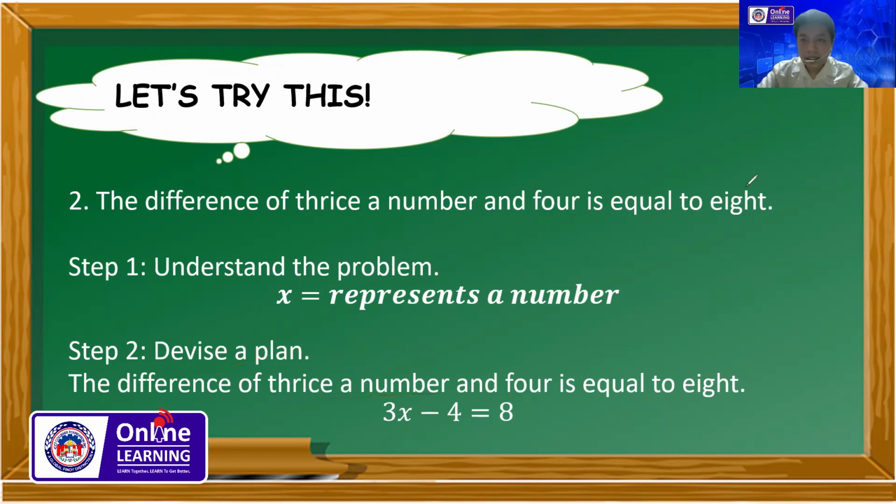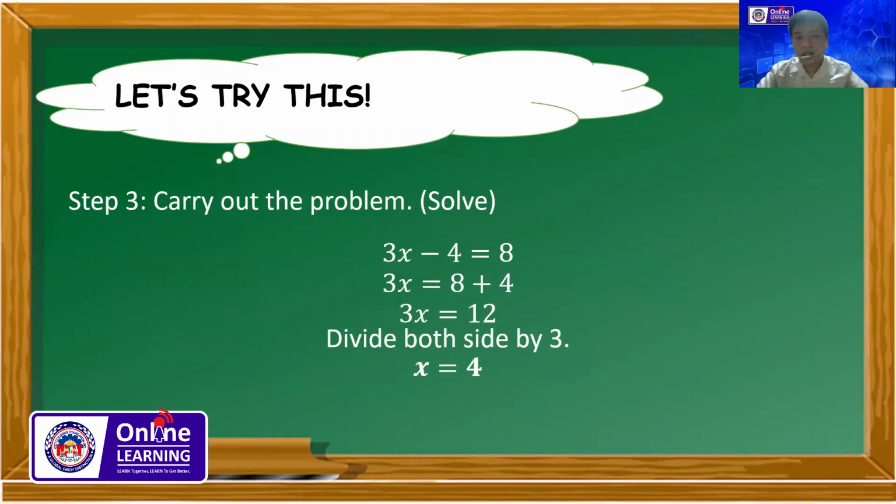Okay, then after that, let us proceed to step number 3. Step number 3, carry out the problem or just simply solve it. So for us to come up with the final answer, 3x minus 4 is the interpreted equation. Then after that, we will transpose negative 4 to the right side for us to combine similar terms. It will become 3x equals 8 plus 4. Then you will come up with the third line, 3x equals 12.